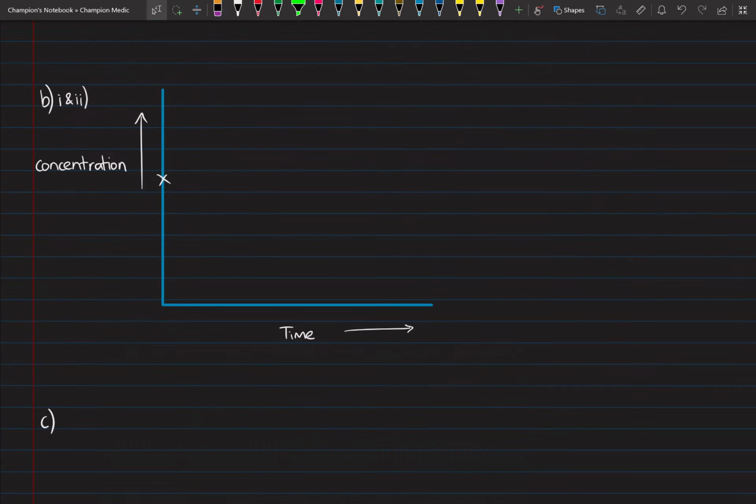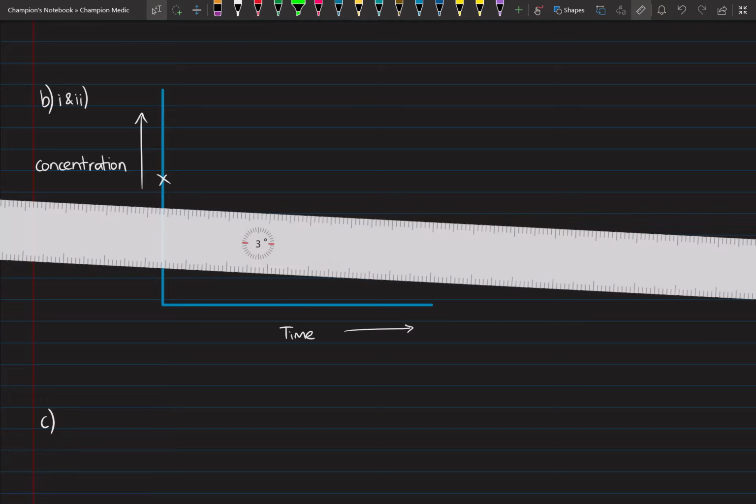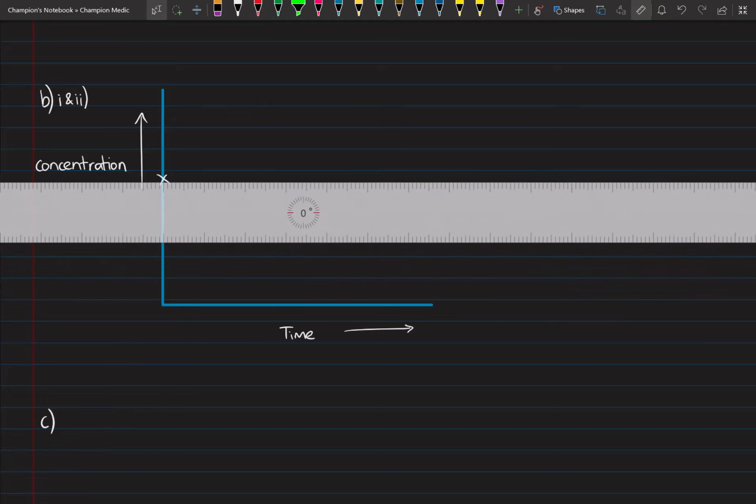Right, the next question is referring to Tay-Sachs disease, and it's asking us to show the results that we would first expect with a person with the Tay-Sachs disease. So we should expect a horizontal line. If I just draw that, it will start from where it says the initial is.